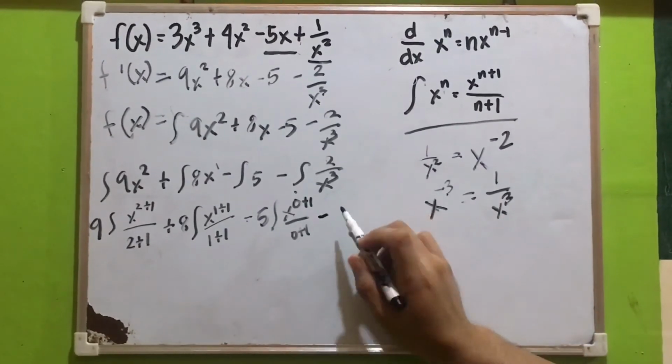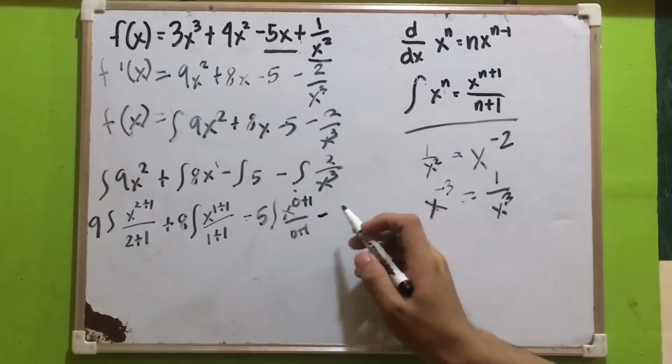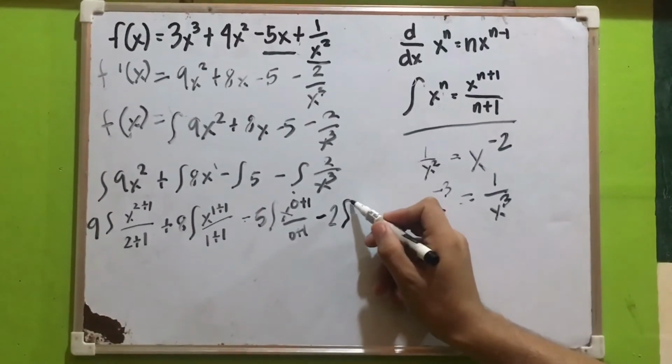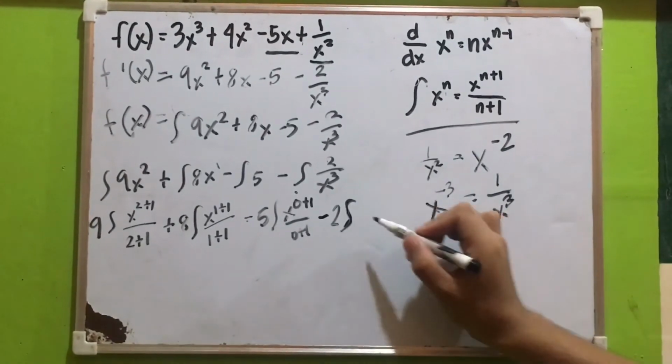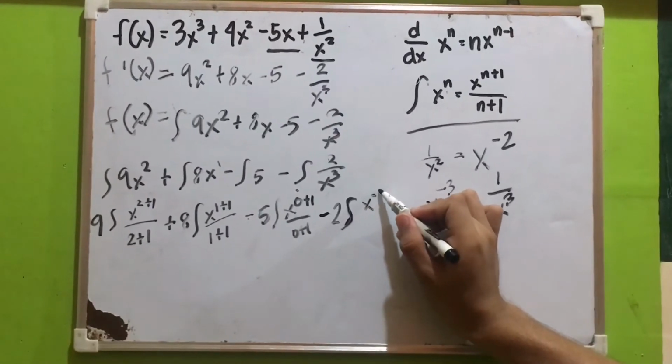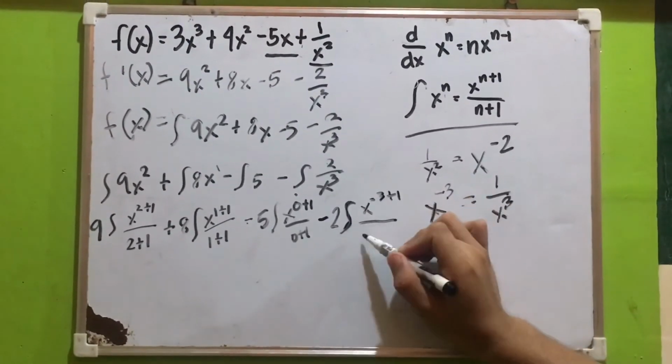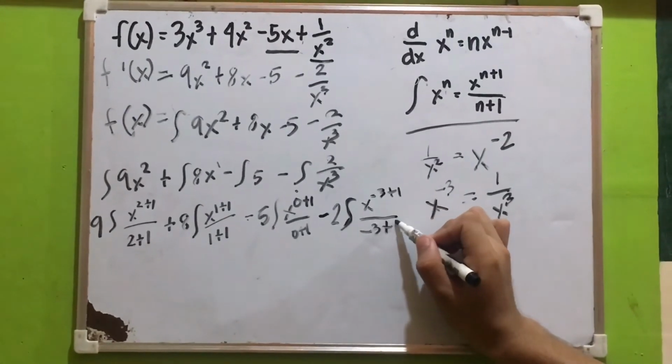With that said, we can easily bring out negative 2. Then the antiderivative of x raised to the power of negative 3 plus 1 over negative 3 plus 1.